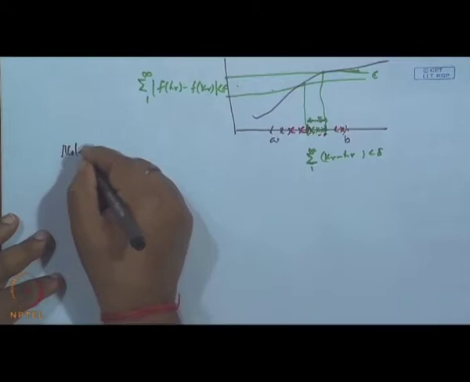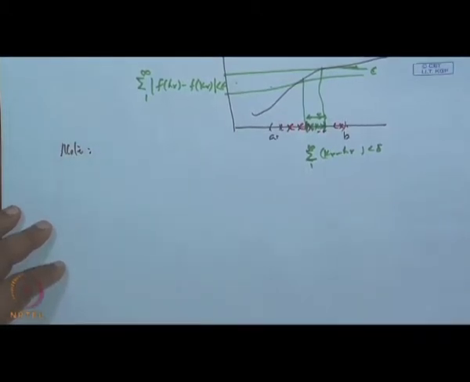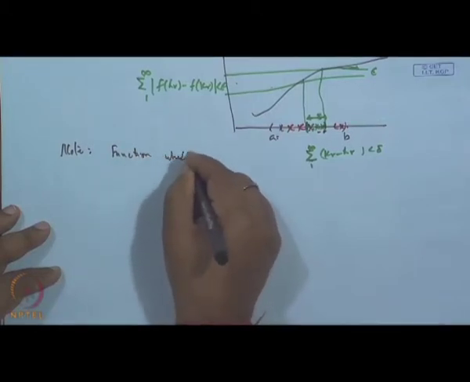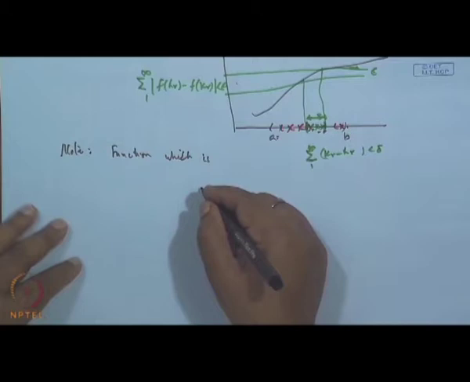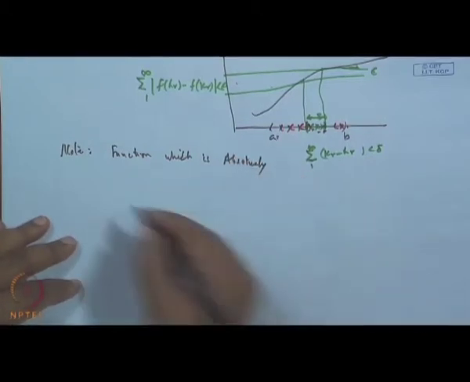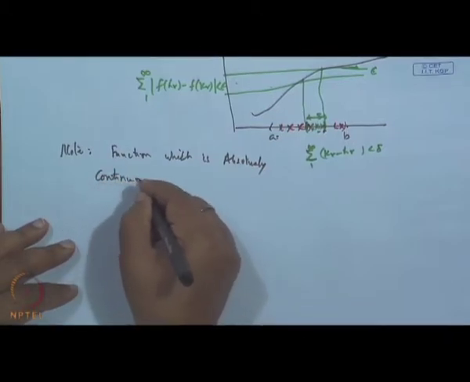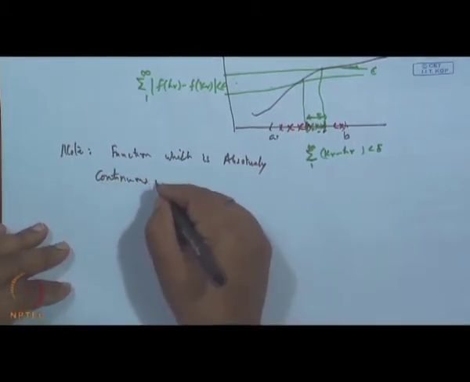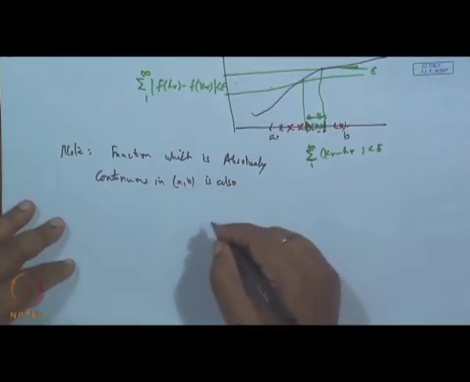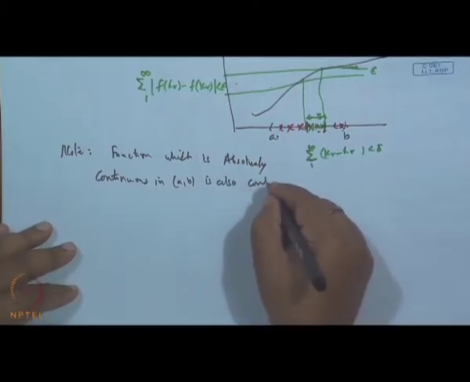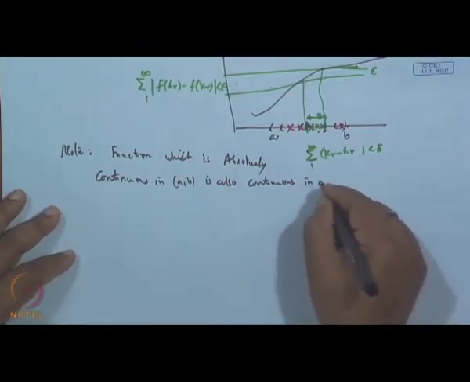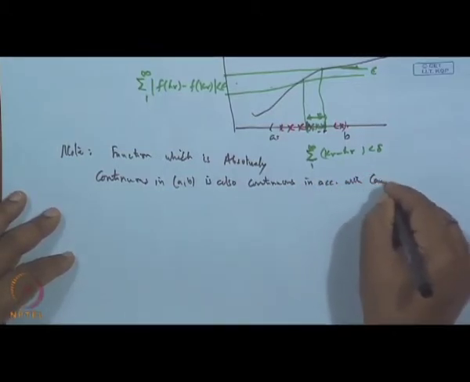As a note, we can say a function which is absolutely continuous in the interval a b is also continuous in accordance with the Cauchy definition.